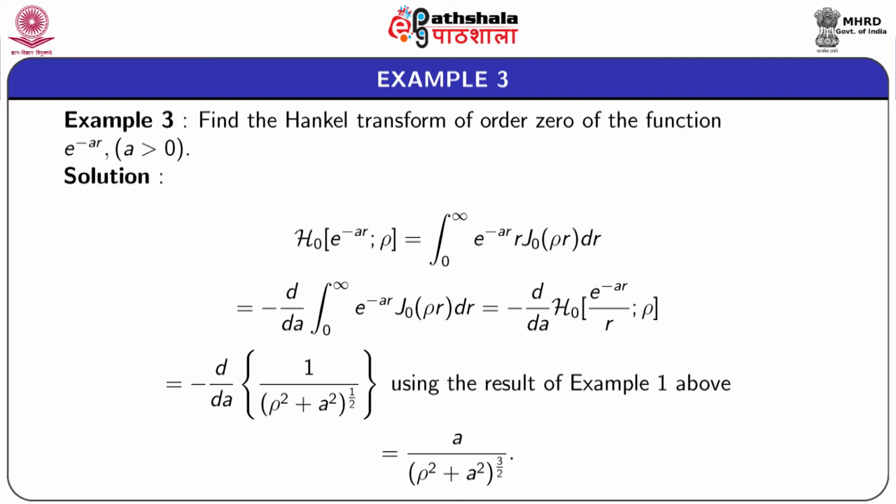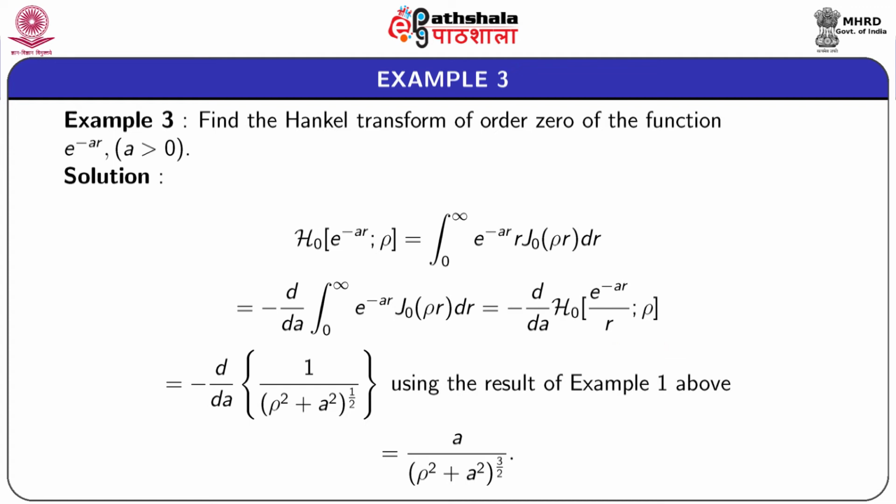Now, the integral is the Hankel transform of the function e to the power minus a r by r. So, the Hankel transform of e to the power minus a r is equal to minus d/da of the Hankel transform of e to the power minus a r by r.